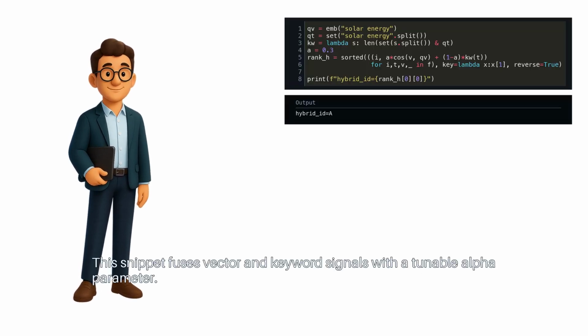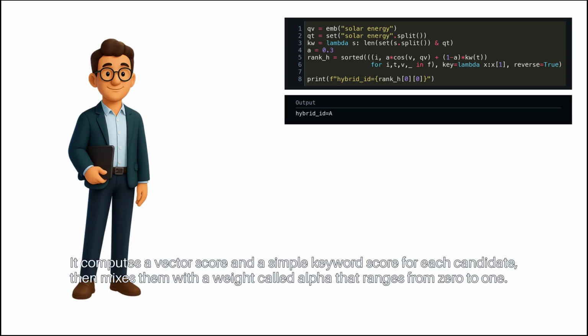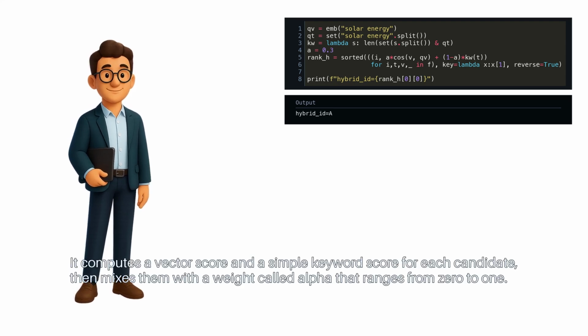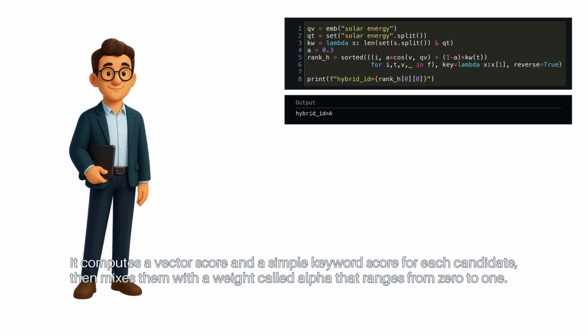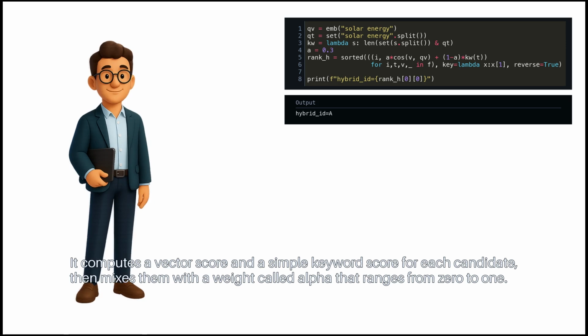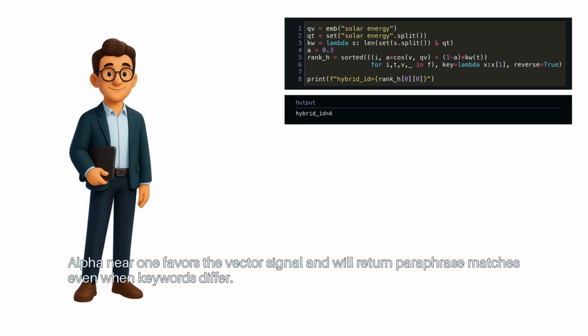Next, we combine vector and keyword signals. This snippet fuses vector and keyword signals with a tunable alpha parameter. It computes a vector score and a simple keyword score for each candidate, then mixes them with a weight called alpha that ranges from 0 to 1. Alpha near 1 favors the vector signal and will return paraphrase matches even when keywords differ.